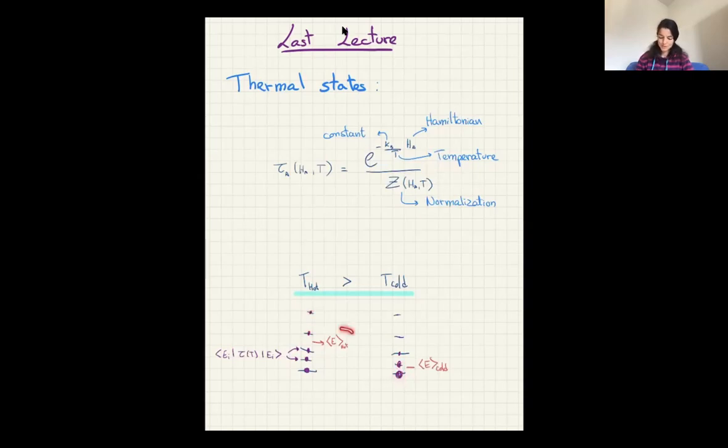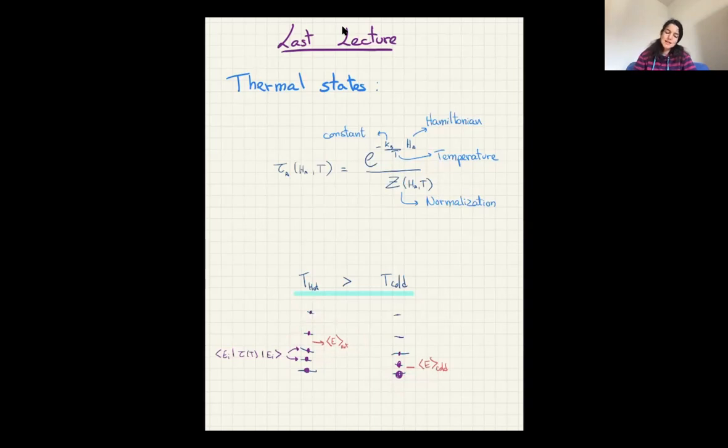In particular, the average energy is higher in the hot system than in the cold system. Incidentally, this is why something that Cesar referred to today, that we always want to cool down quantum computers. It's because we want them to be very close to the ground state, which we can then manipulate to be, for example, the 0 of our quantum computation. Or either the 0 or the 1.